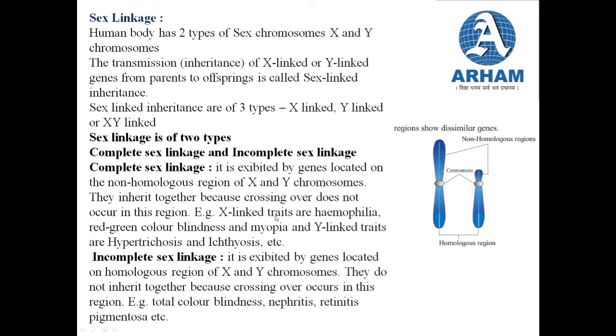First we will see the examples of X-linked traits. The first one is hemophilia. Hemophilia is a disorder where the blood does not clot normally. When there is no blood clotting, excessive bleeding takes place, internally or externally, that means inside the body as well as outside the body.